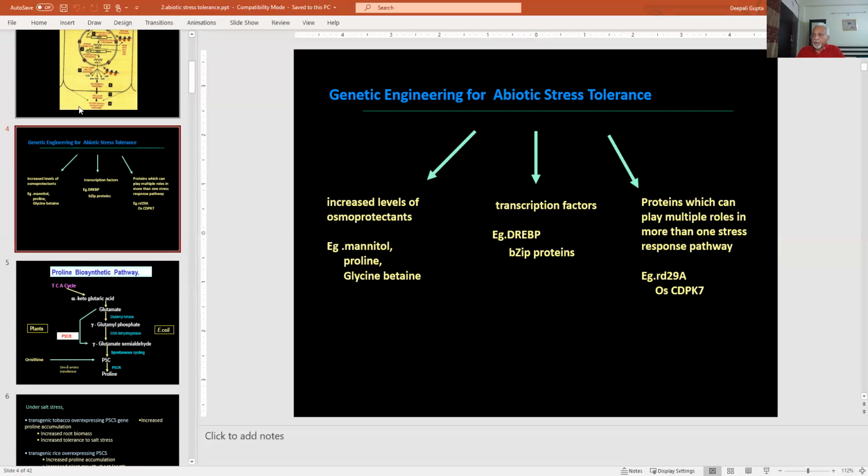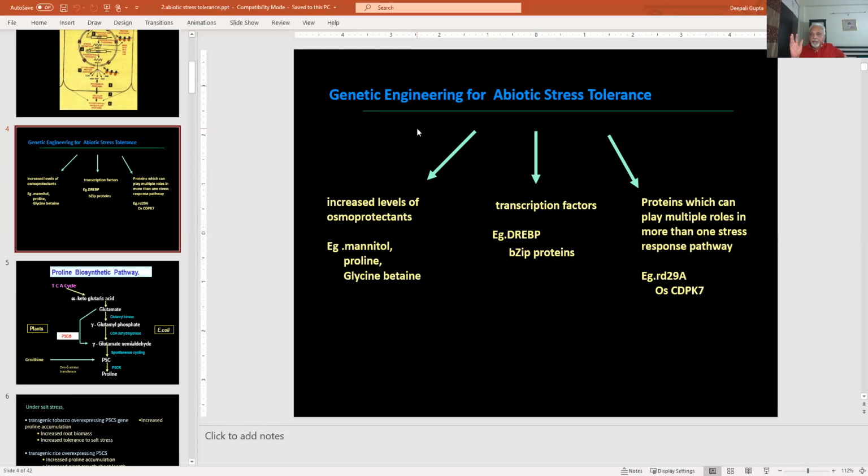Now, when it comes to genetic engineering for abiotic stress tolerance, this was almost 3 decades ago. This whole work was done when, as I told you, there was no functional gene available to be used for genetic engineering for any trait.